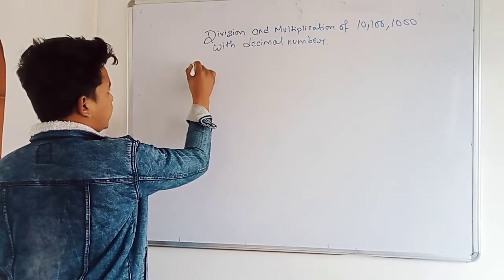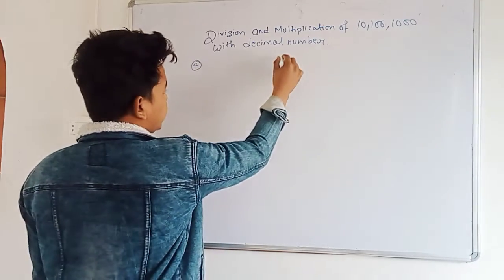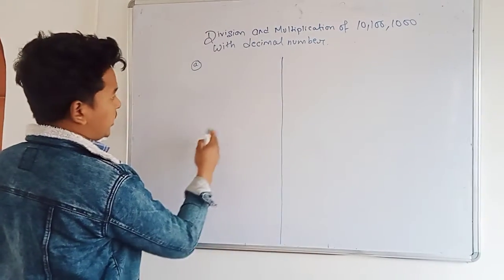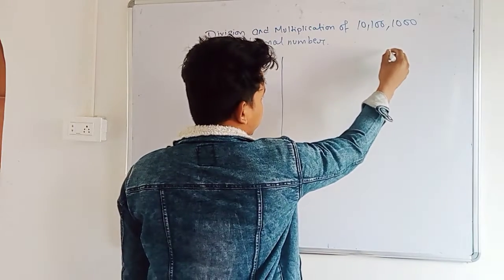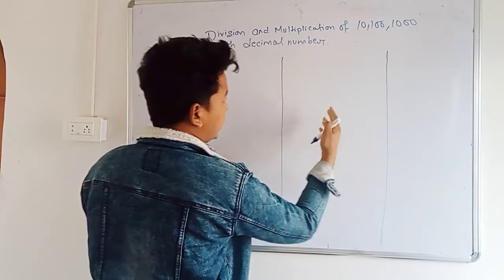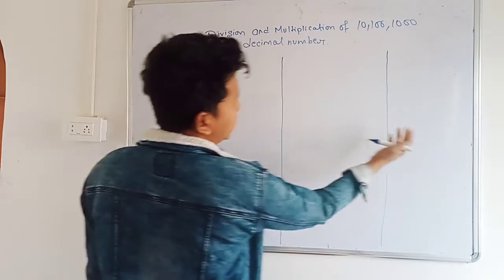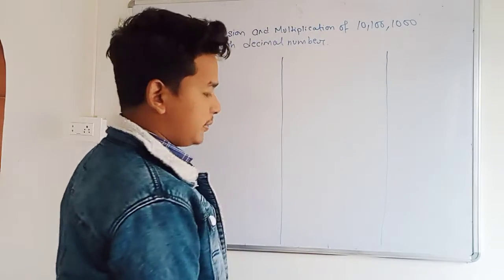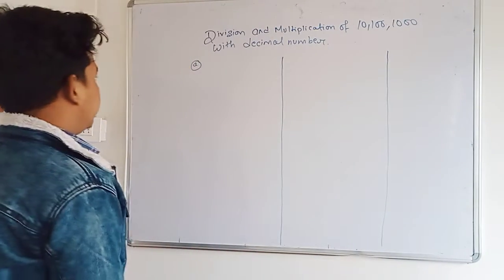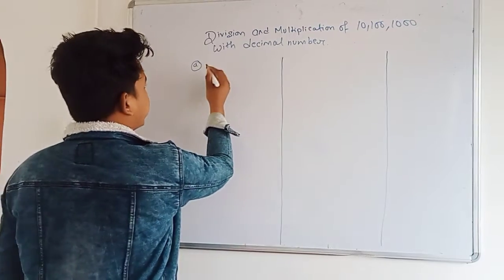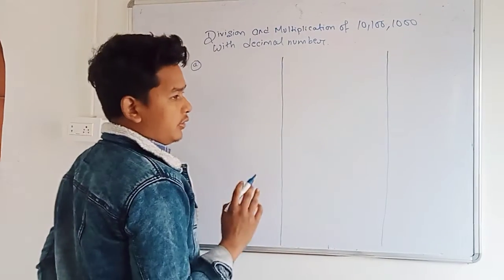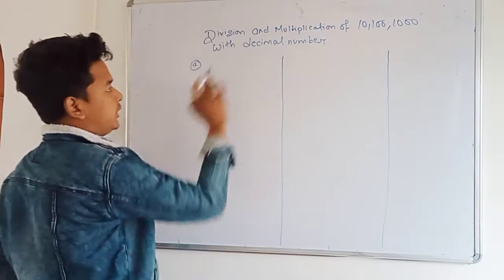So for example here, in this column I will only divide by 10. This column I will divide by 100 and this column I will divide by 1000. Okay. So first is division. First one is division of a decimal number.